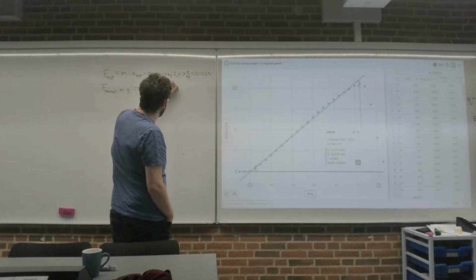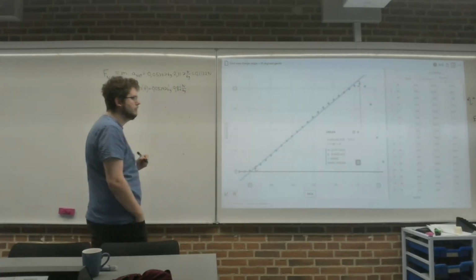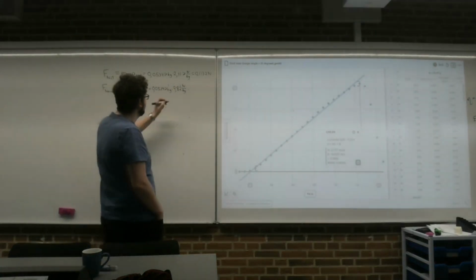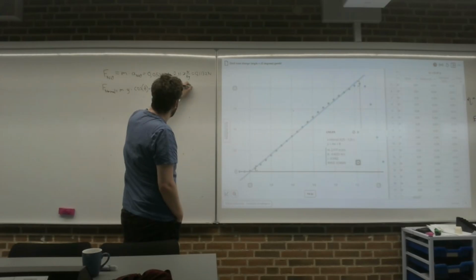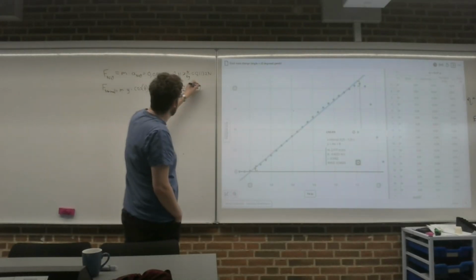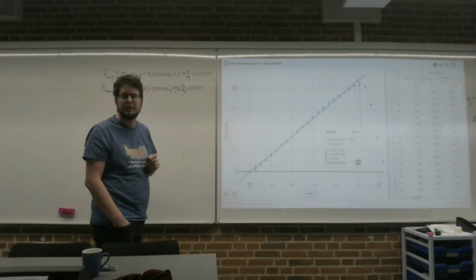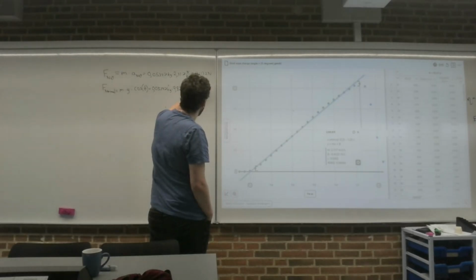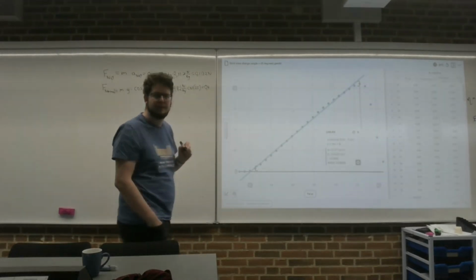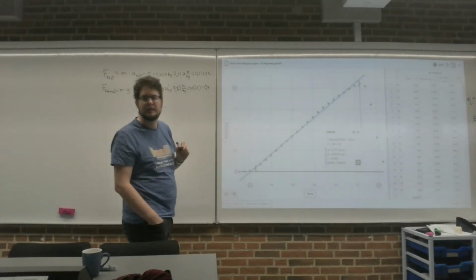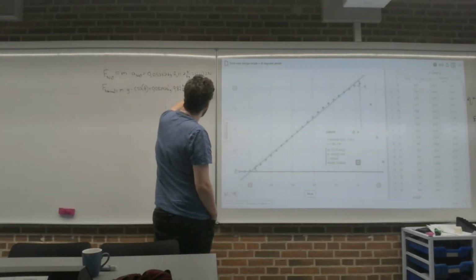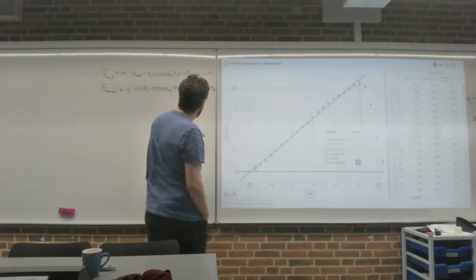Acceleration is 9.82 newtons per kilogram. Again, I use the newton per kilogram unit. And cosine, the angle in my experiment, was 25. And then the answer in this case is 0.476 Newton.